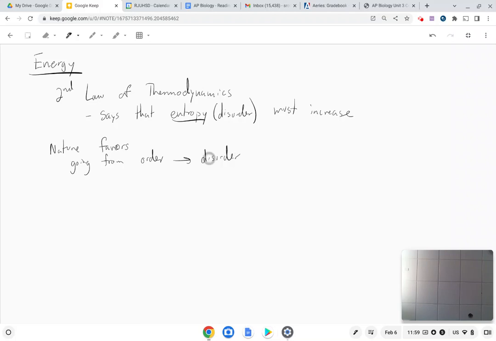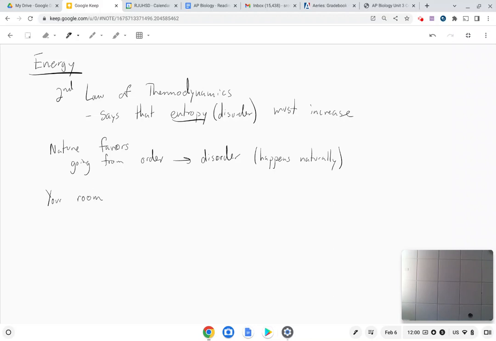All right, let me give you a funny example to illustrate this. That this process going from order to disorder happens naturally, we could say. So here's the example. Your room at home.